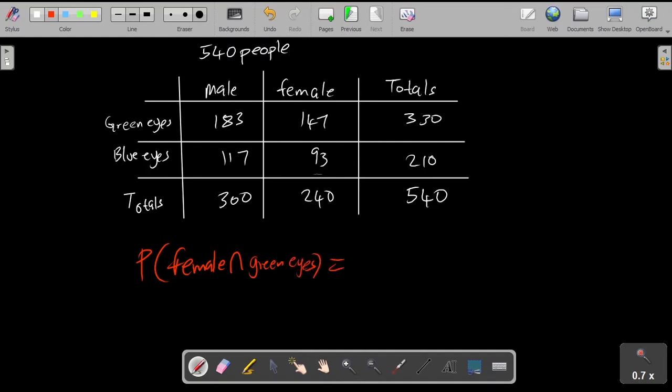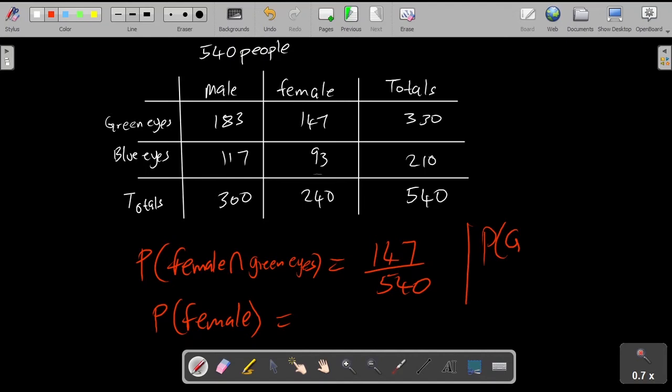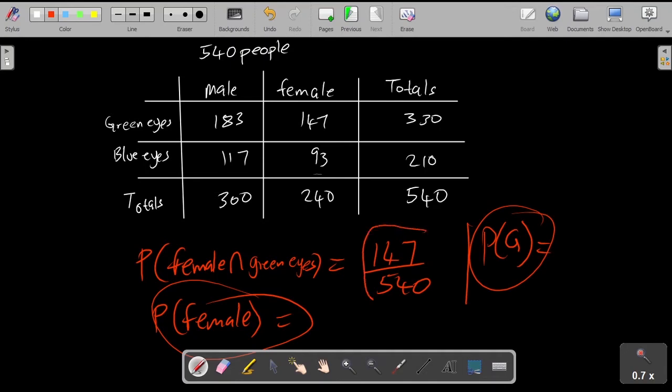So we've already calculated that, and that was 147 over 540 because we're including everyone who's involved. And now we have to find the probability of being female as well as the probability of having green eyes. Let me just write G. And we're going to multiply these two and see if they're equal to that.